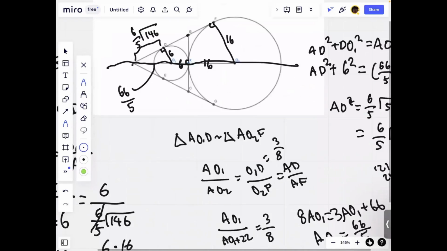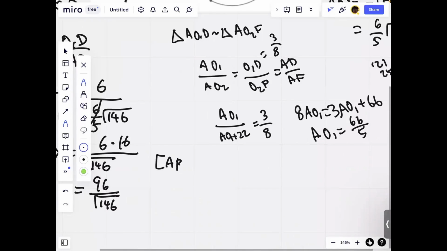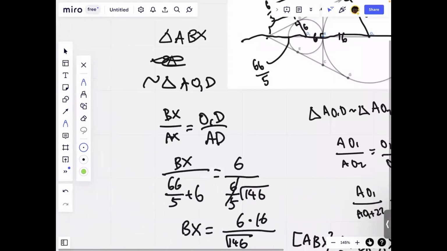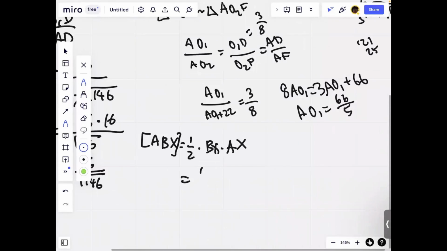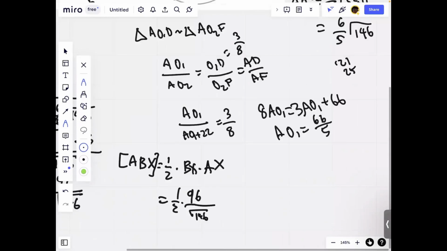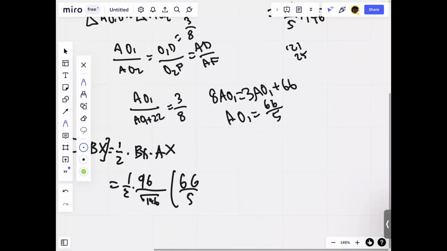And then the area of triangle ABX is equal to half times BX times AX, since ABX is a right triangle, and we know that the area of the triangle is half the base times the height. So BX we calculated is 96 over the square root of 146, and AX, well, that's just 66 over 5 plus 6.